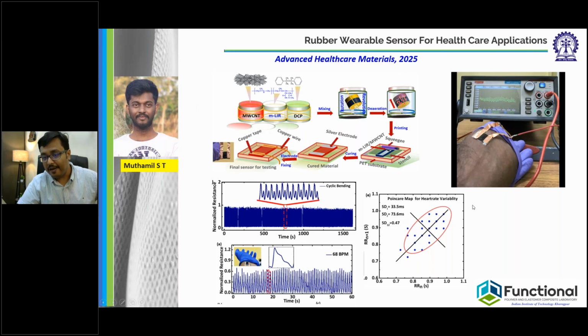Okay, and from this particular matrix you can get an idea of whether an individual is at the onset of the cardiovascular disease or not. We call it early prognosis for the cardiovascular diseases using this type of rubberized sensor.